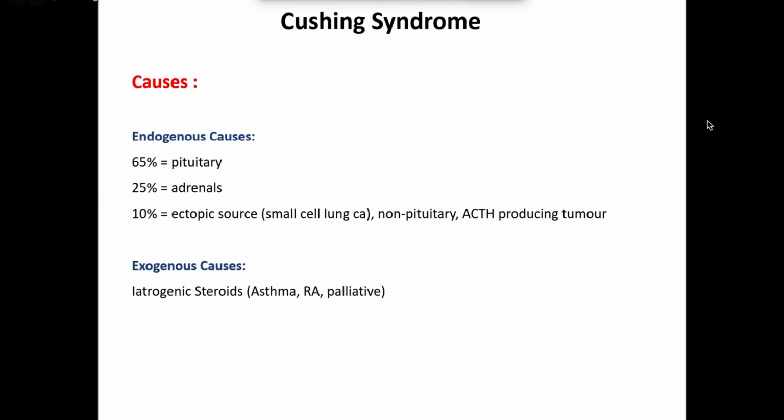And we have many causes of Cushing, either endogenous or exogenous, and by far exogenous causes more than endogenous. The most common cause for endogenous Cushing syndrome is the pituitary adenoma. 25% is due to adrenal adenomas, and 10% due to ectopic sources like small cell lung cancer or non-pituitary ACTH-producing tumors.